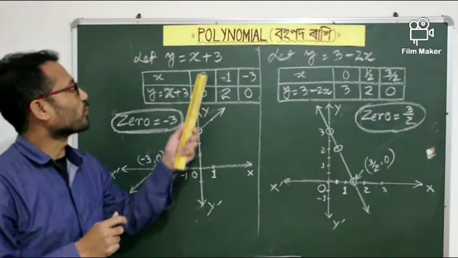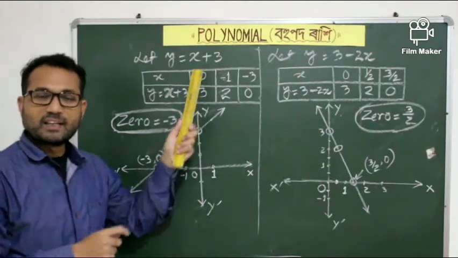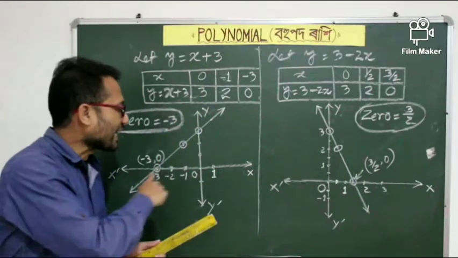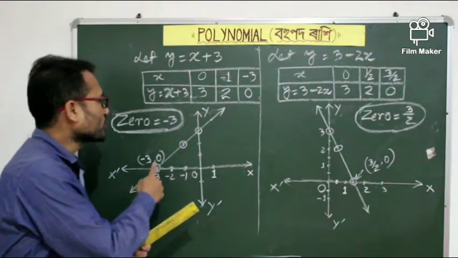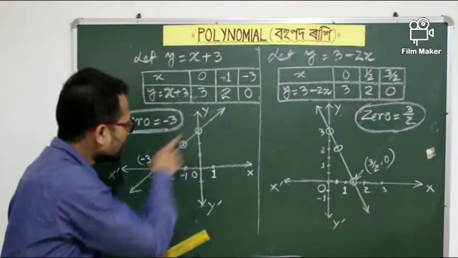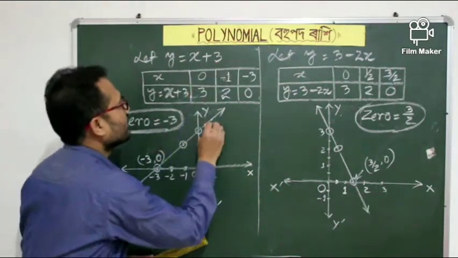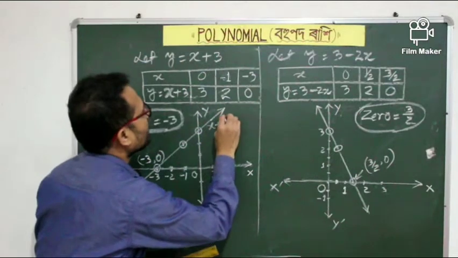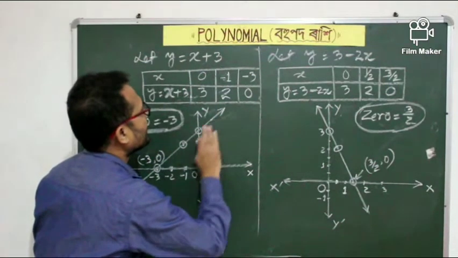The graph of the polynomial x plus 3 cuts the x-axis at the point (-3,0), and we got the graph as a straight line. This is the straight line. I can write here y equals x plus 3.